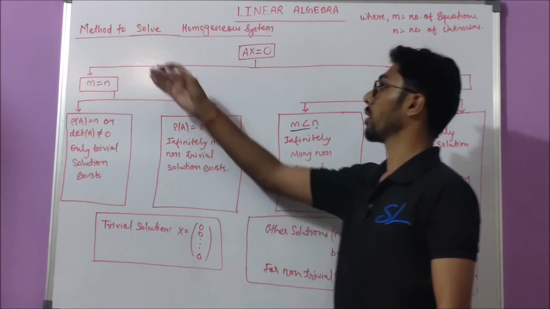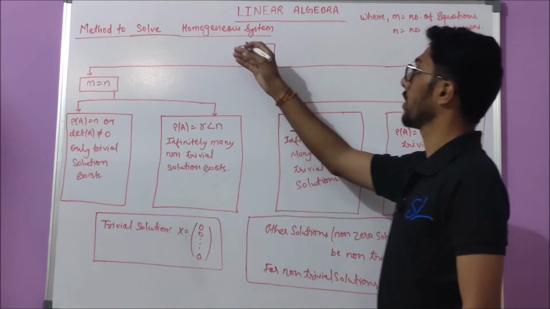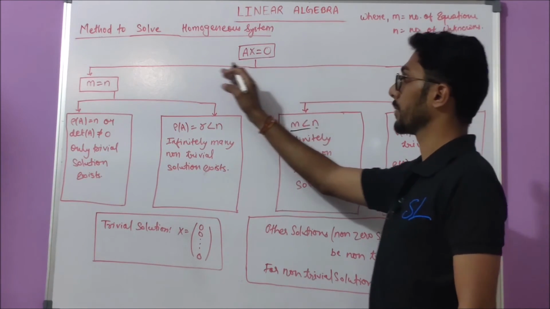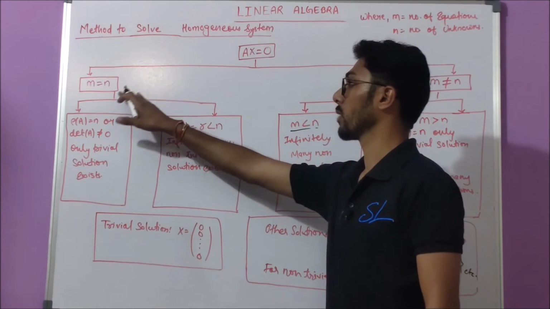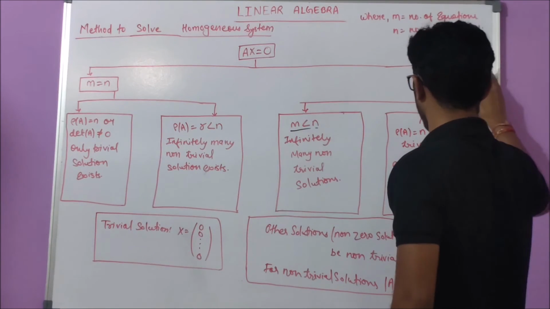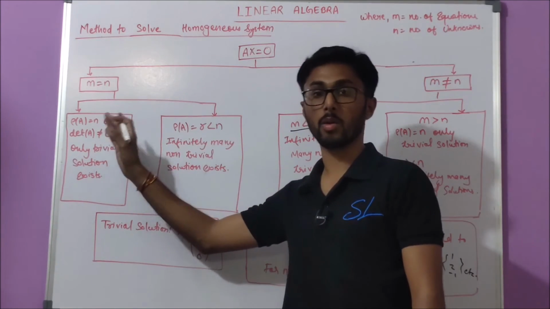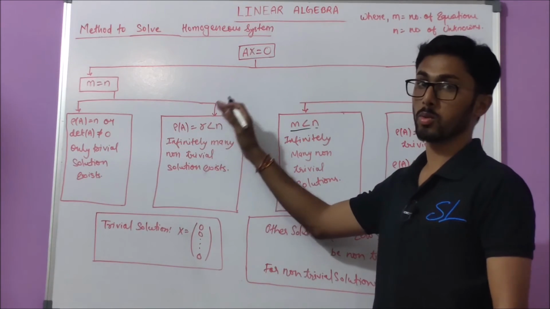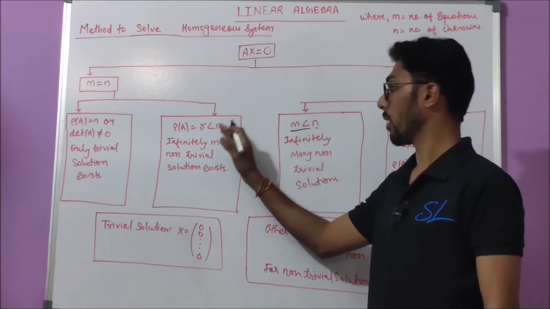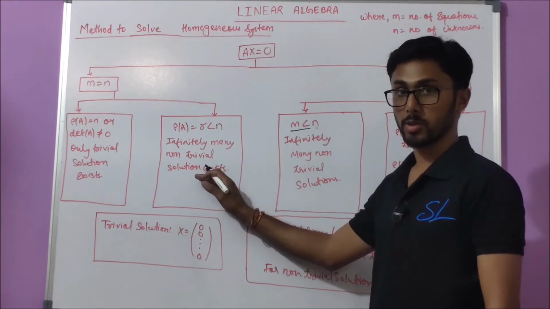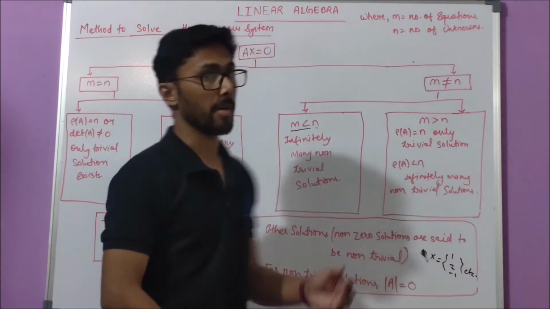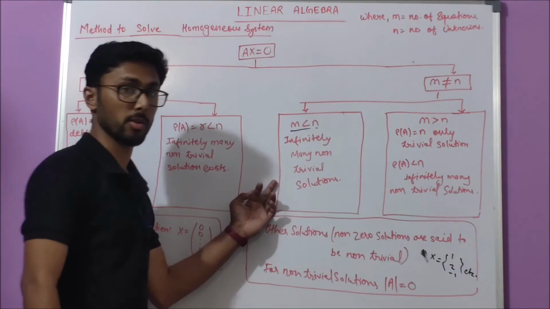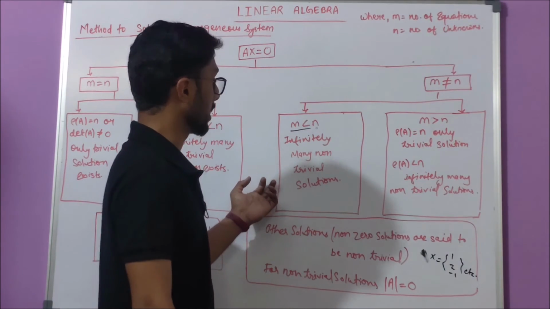So this is how we solve homogeneous systems: when the number of equations and unknowns are equal, or not equal. When rank of A is equal to n, or determinant of A is not equal to 0, then only the trivial solution exists. If rank of A is less than the number of unknowns, then infinitely many non-trivial solutions exist. If m is less than n, then infinitely many non-trivial solutions.